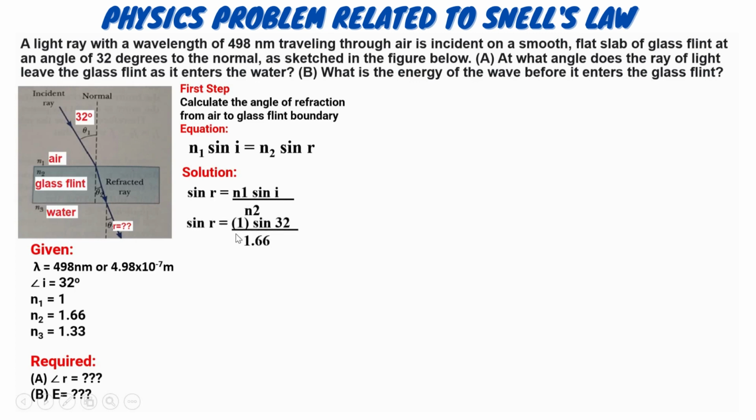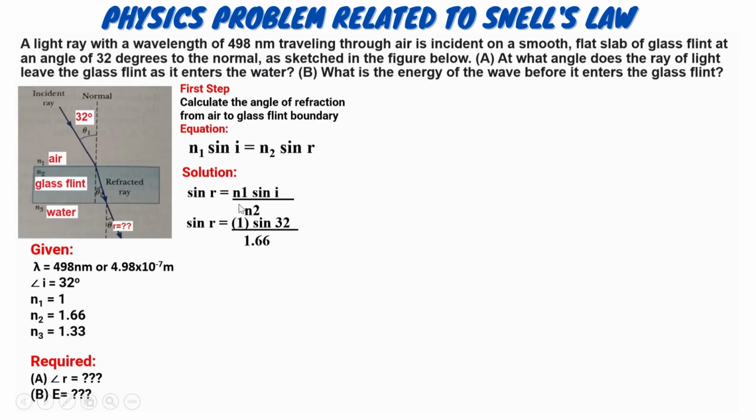Substituting the given variables for N1, we have 1. For angle of incident, we have 32 degrees. And for N2, we have 1.66, which is the index of refraction for glass plane.